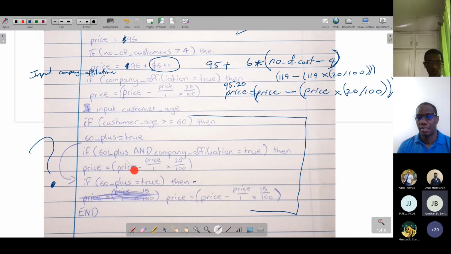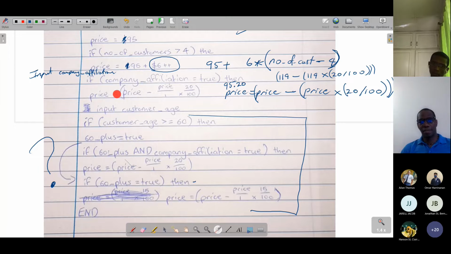Yes, sir, but what I had here was so I did the company affiliation above, and if that was true, then I have another line here with the if 60 plus and company affiliation true, then it would only apply the company affiliation discount. But then you already did the I'm saying, okay, if the company affiliation was true, you did the discount. Okay?